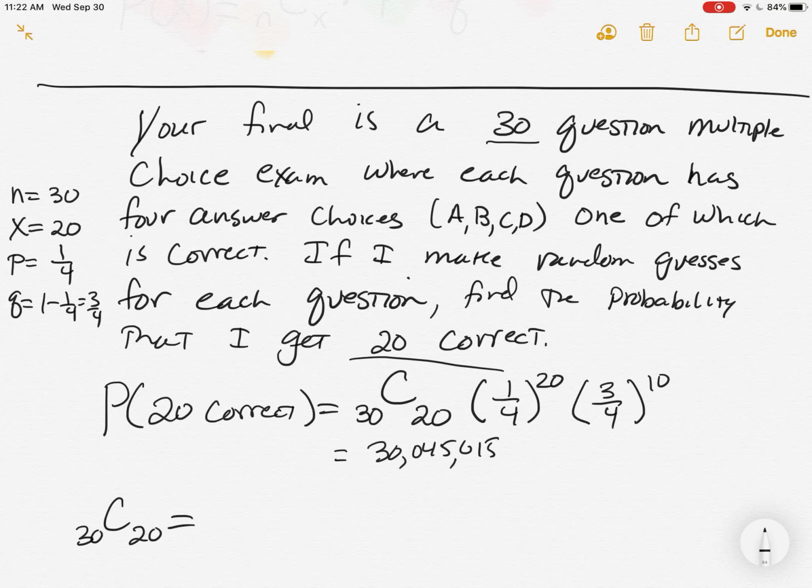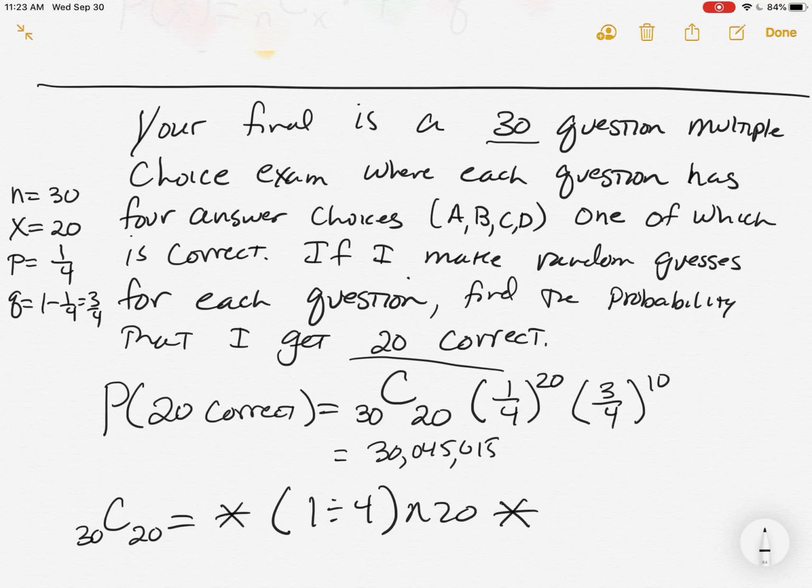30C20 and hit equals, and we see that big number. Then immediately hit times, and then an open parenthesis. Don't skip the open parenthesis if you're using fractions. Times 1 divided by 4, close it. And then raise that to the 20th power.